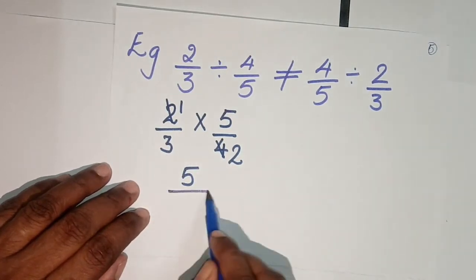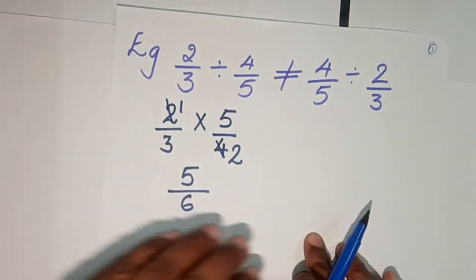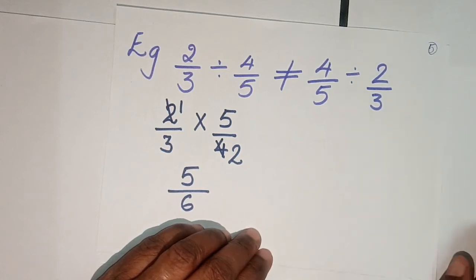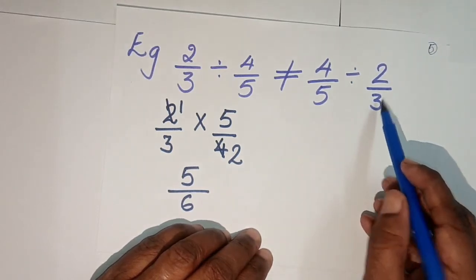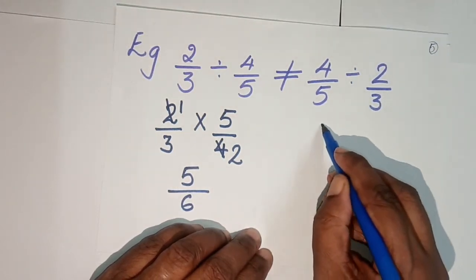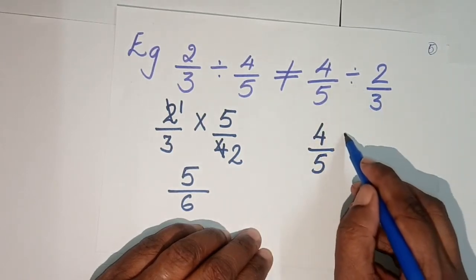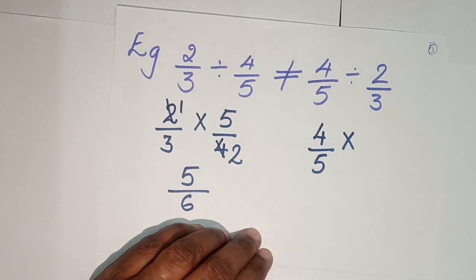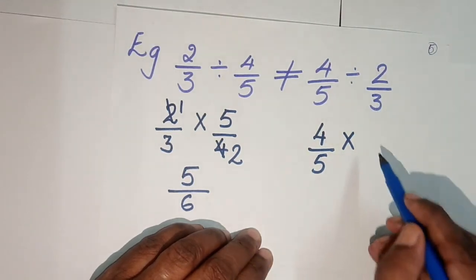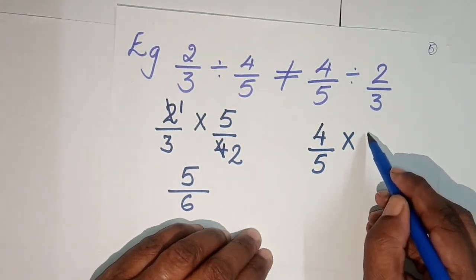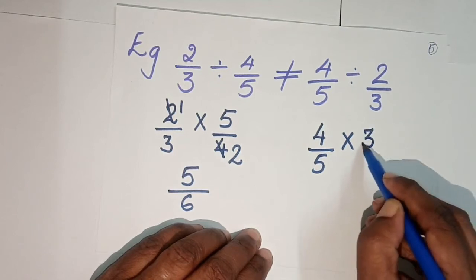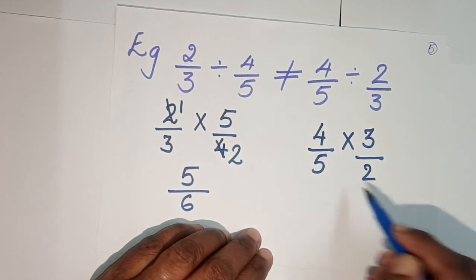3 twos are 6. Let us see here, when you divide 4 upon 5 by 2 upon 3, what will you get? 4 upon 5 will remain the same. Division will turn into multiplication. 2 upon 3 we have to change into its reciprocal, that is 3 upon 2.